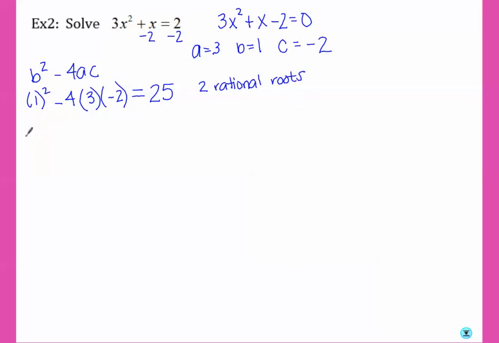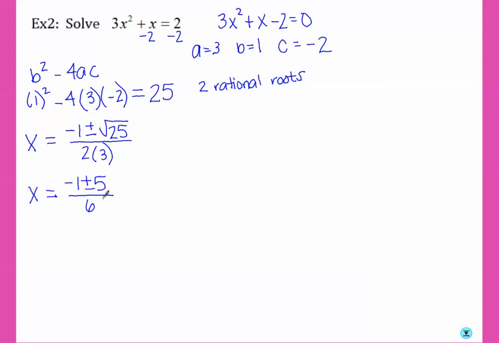So let's keep plugging things in and see what we get. X equals -b would be -1 plus or minus the square root of our discriminant, which was 25, over 2 times a. So let's start simplifying. -1 plus or minus the square root of 25 is 5 over 2 times 3 is 6.